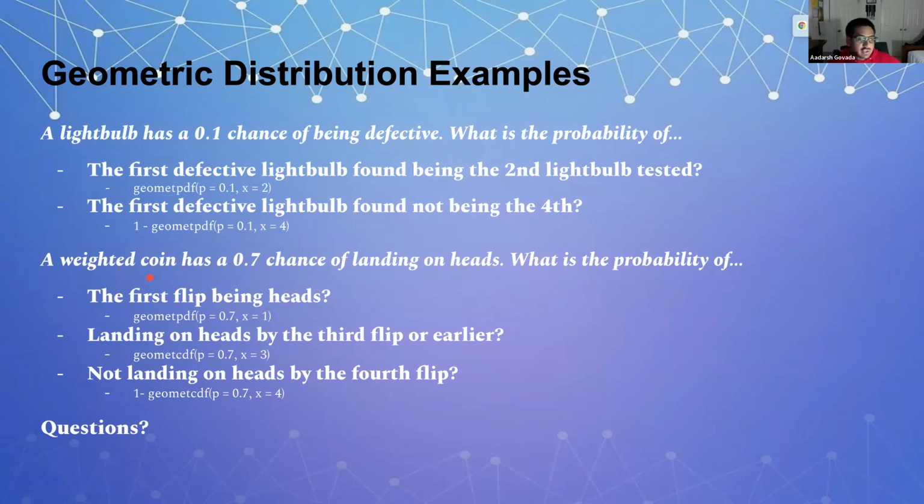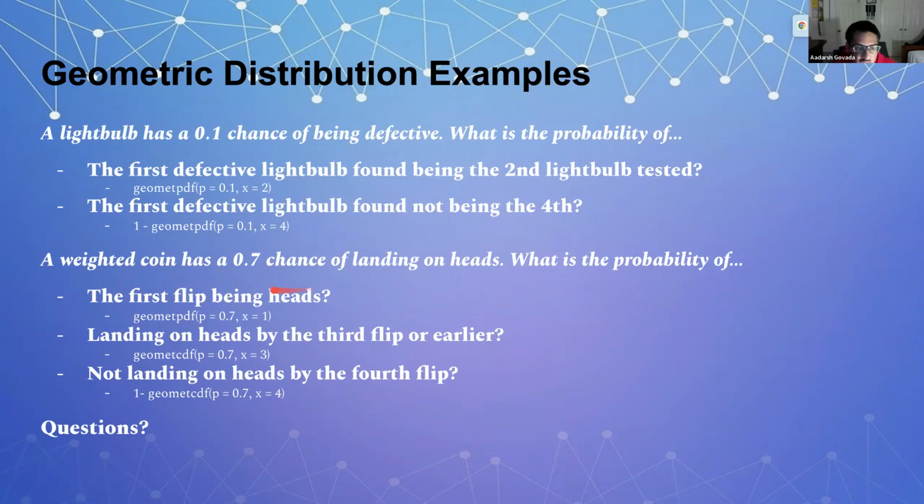Now we want to find the probability of the first flip being heads. So we use a geometric distribution. Since it's exactly the first flip, we use a PDF instead of a CDF, because we're trying to find exactly that value, not that value or less.